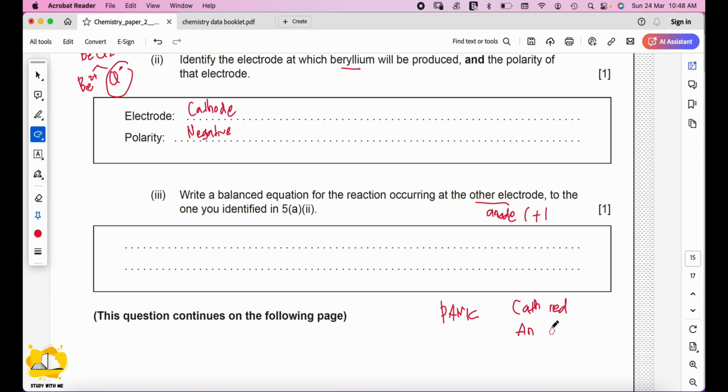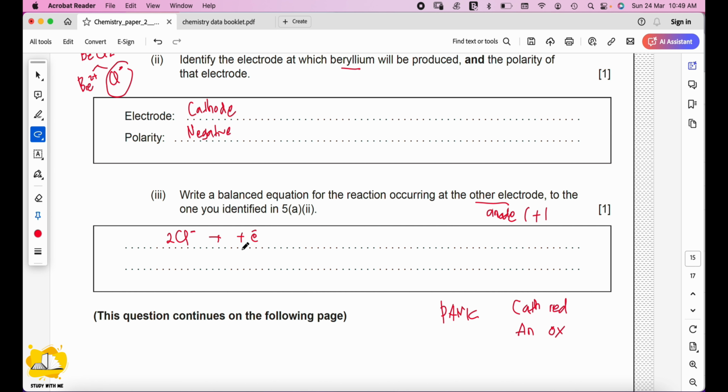and AnOx. So the anode will experience oxidation. Oxidation is losing an electron. So when losing the electron, the electron will be right here. It will be balanced if we put Cl- right here.